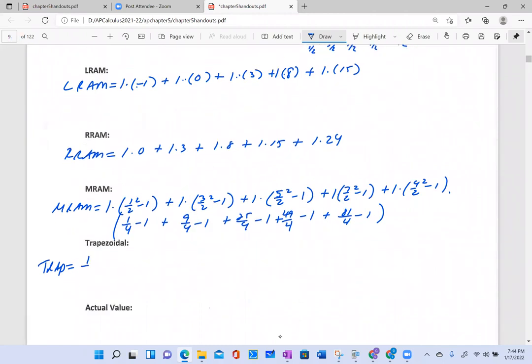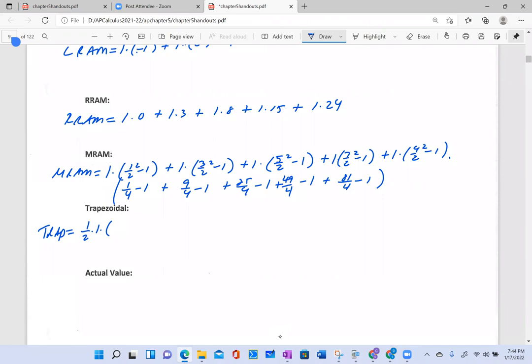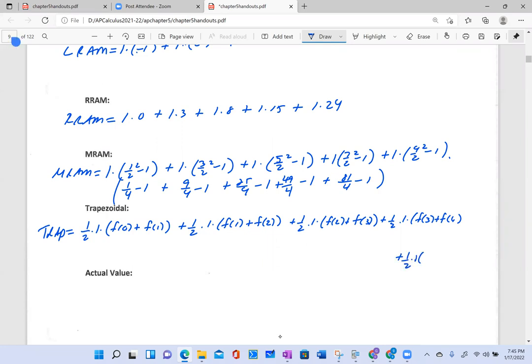So it would be 1/2, delta x is 1, times f at 0 plus f at 1, plus 1/2 times 1 times f at 1 plus f at 2, plus 1/2 times 1 times f at 2 plus f at 3, plus 1/2 times 1 times f at 3 plus f at 4, plus 1/2 times 1 times f at 4 plus f at 5.